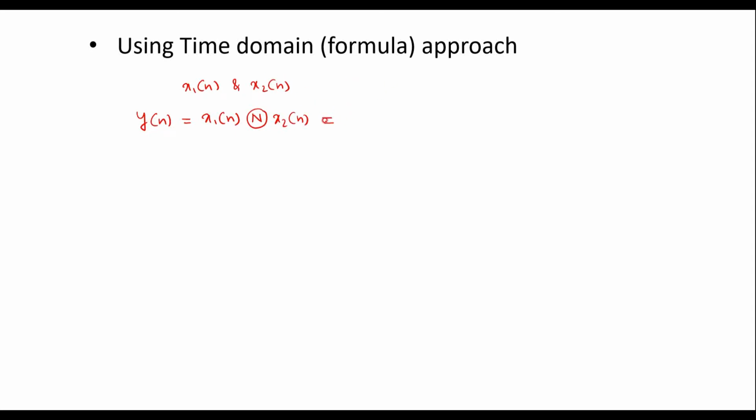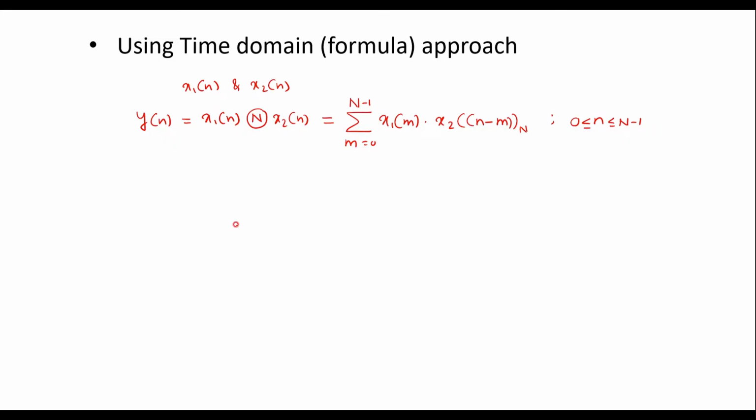Using the time domain approach, it is represented as summation m is equal to 0 to N minus 1, x1 of m multiplied with x2 of n minus m. That is the representation of circular shift, where n is less than or equal to N minus 1 but greater than or equal to 0.